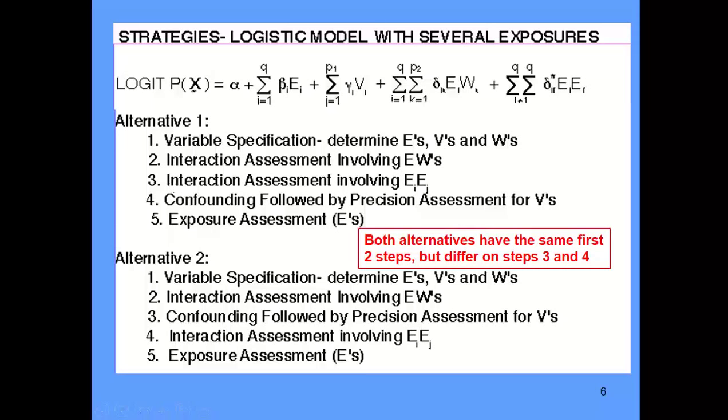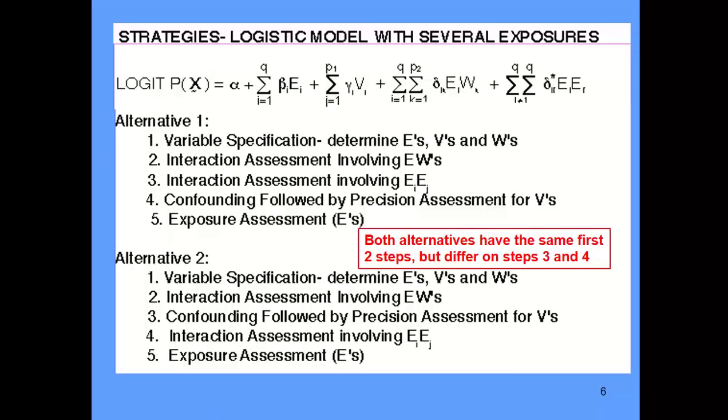Now you notice what the second step says: when you assess interaction, you first consider the EW's before you consider the EE's. Isn't that what it says? EW's come first, in both alternative one and alternative two. So both alternatives have the same first two steps, but they differ in steps 3 and 4.